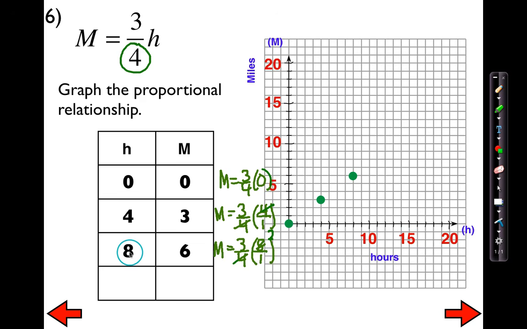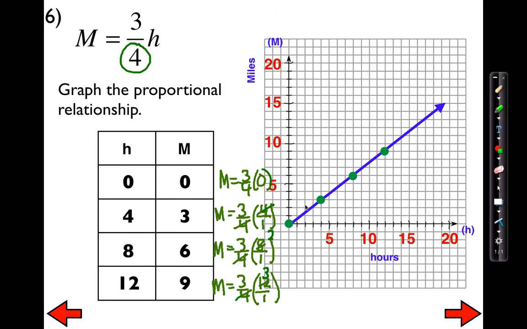Now, the next one would be the next multiple of 4, which is going to be 12. So m equals 3/4 times 12. I'm going to go ahead and put it over 1. I can cross cancel. 3 times 3 is 9 over 1 is just 9. So we're going to go ahead and do 12, 9.